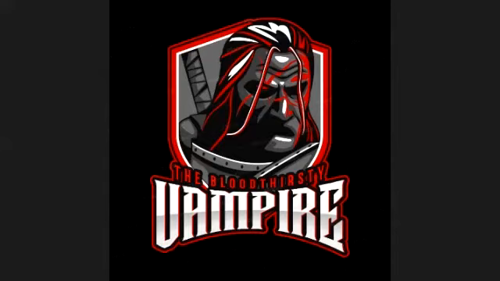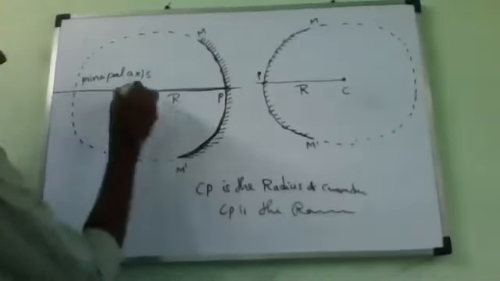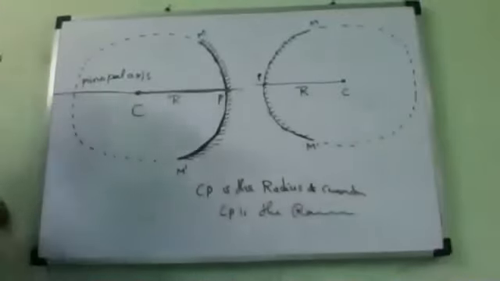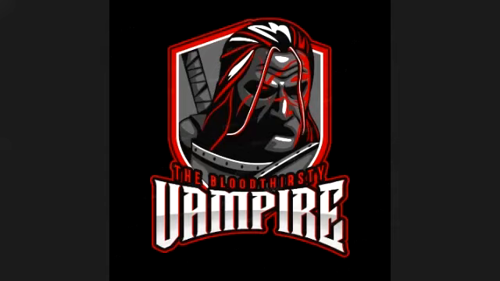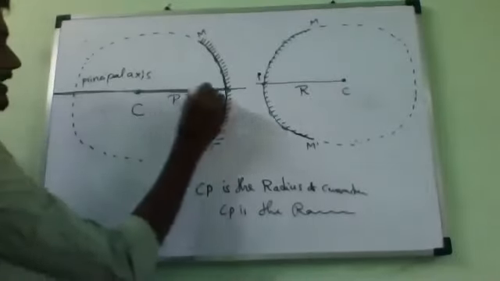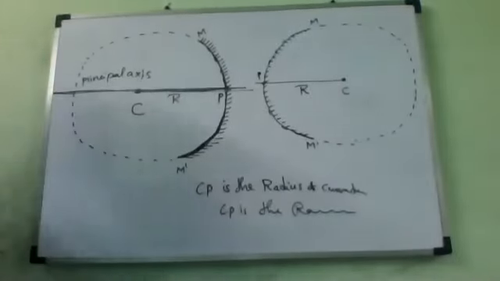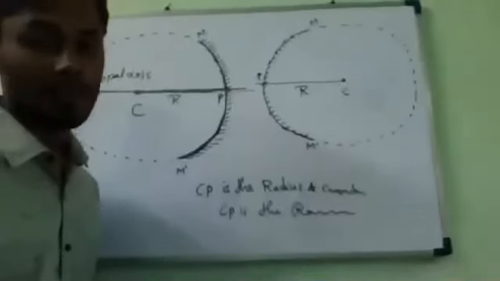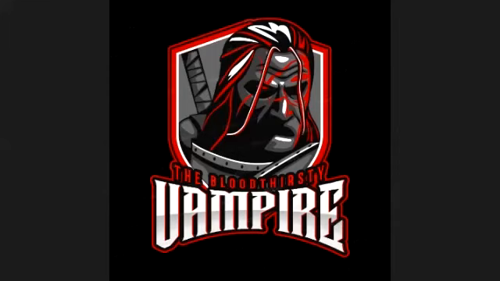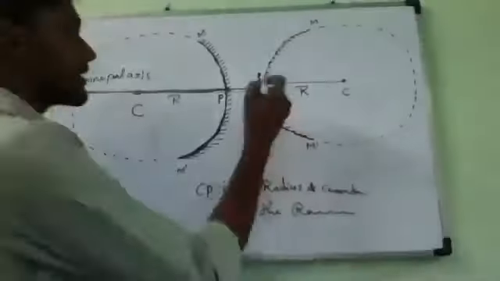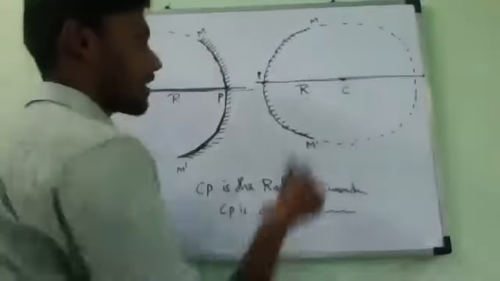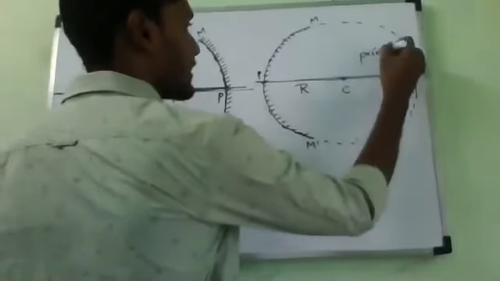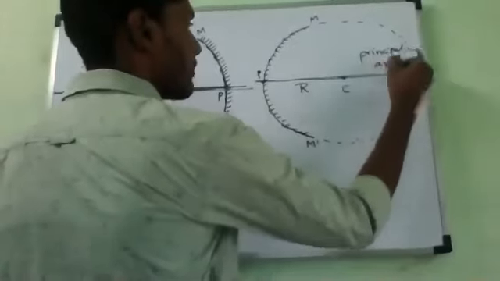If you join the pole and center of curvature, and you pass the line, then that line is called as principal axis. Same way for this one also. If you pass the line through the pole and center of curvature, that is only called as principal axis.